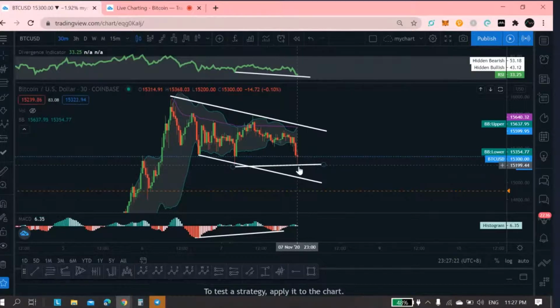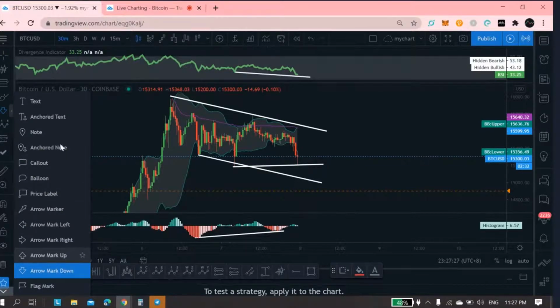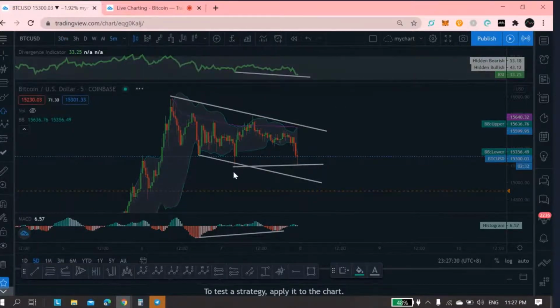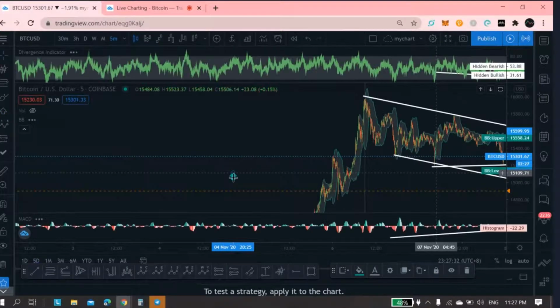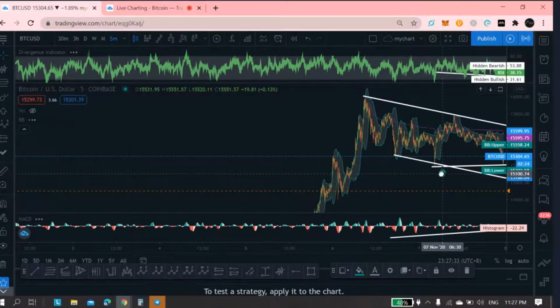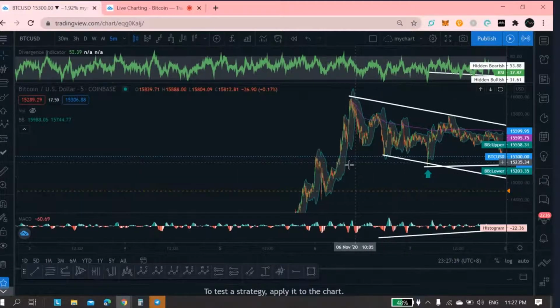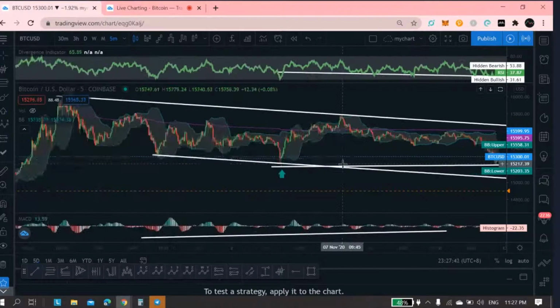And normally look at the wick. This is the wick. Oh, sorry. That's the wick.